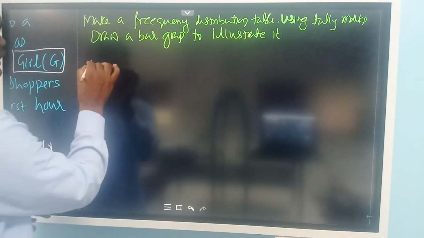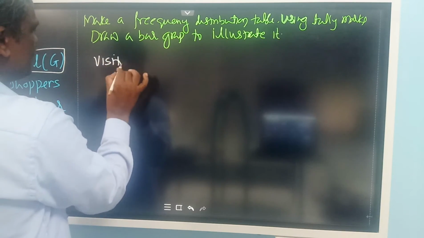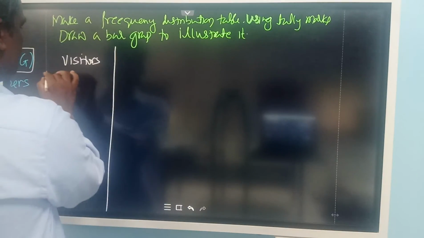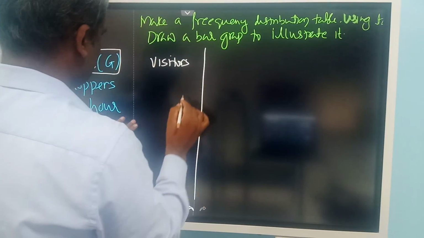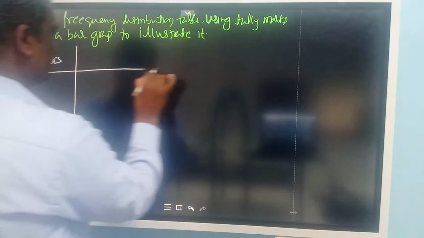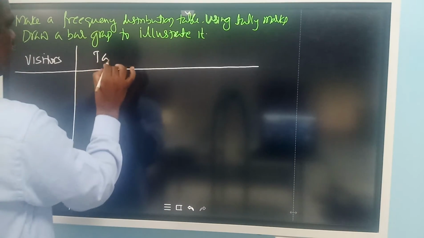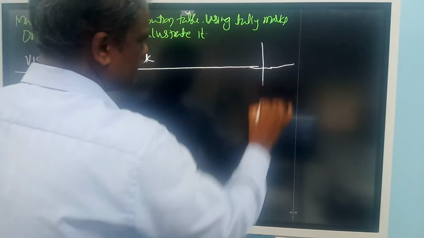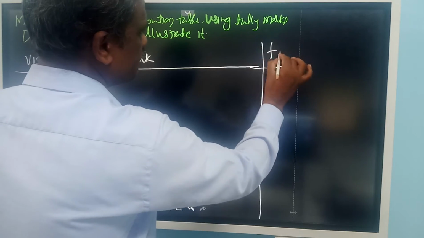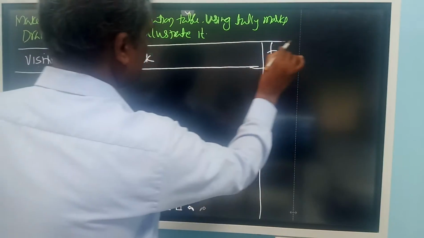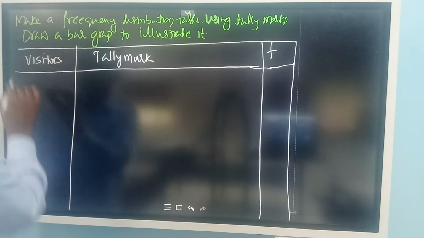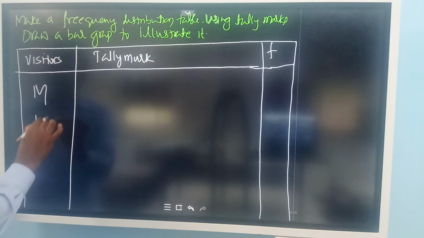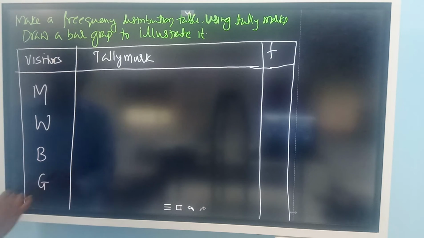First column for the visitors, then the second column for tally marks, and in the last one frequency. So let us make a table: man, woman, boy, girl.